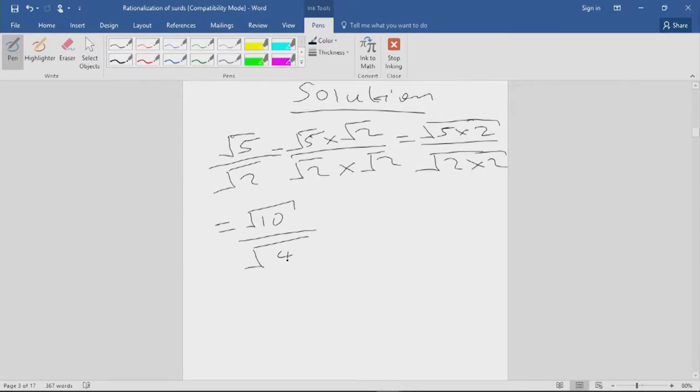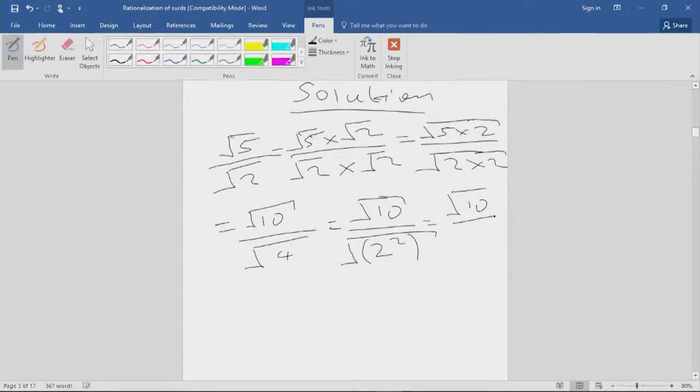Now how can we simplify this further? But remember, 4 is the same as 2 raised to the power 2, all under the root. And this is also the same as root 10 upon 2 raised to the power 2, all raised to the power half.